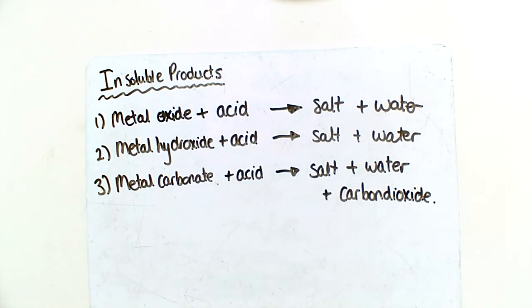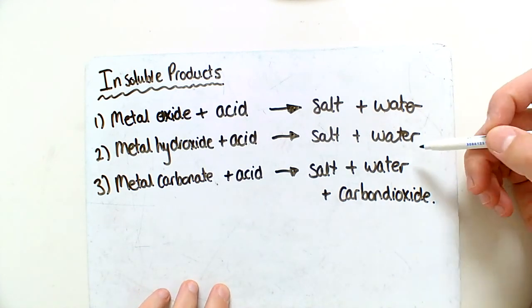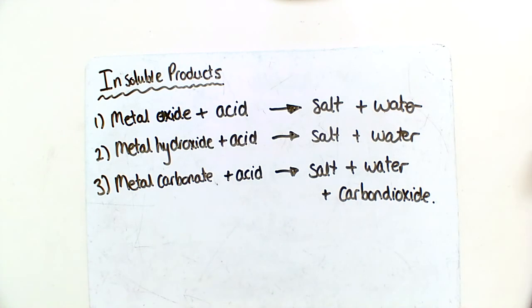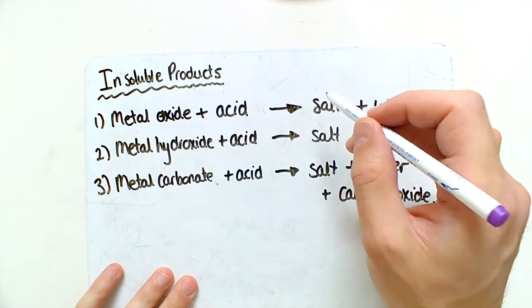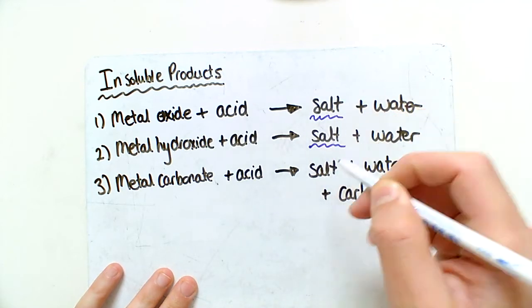So when we're talking about insoluble products, we're not talking about water, because water is a liquid, and we're not talking about carbon dioxide, because carbon dioxide is a gas, and in the reaction, the carbon dioxide will bubble away, so we don't need to worry about that. What we're really talking about, whenever we're talking about insoluble products, is the salt.